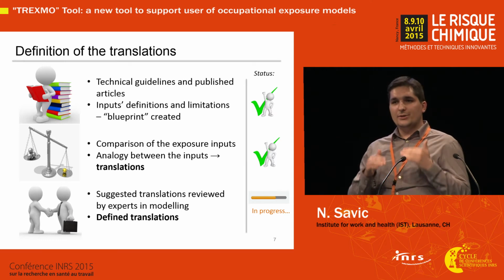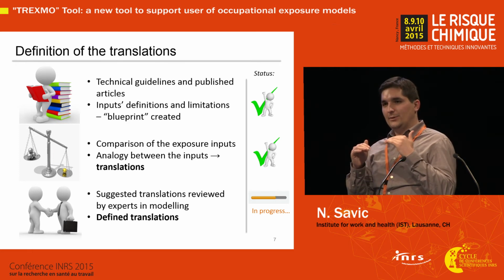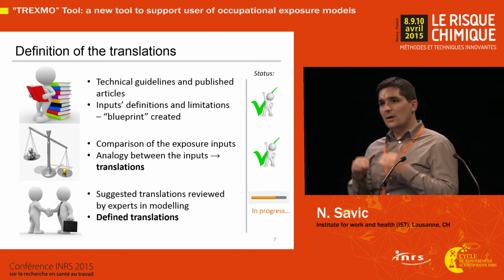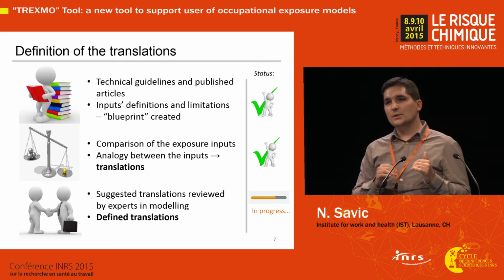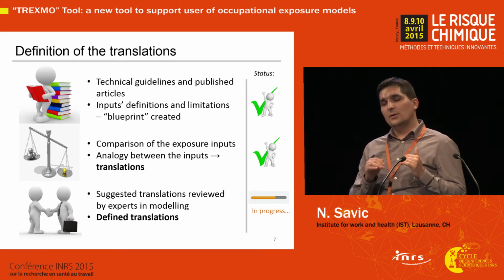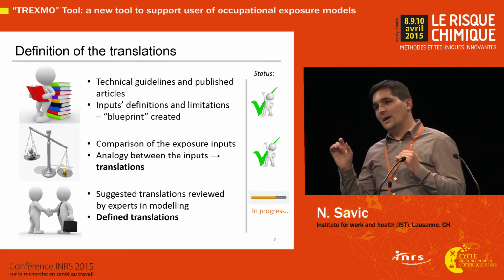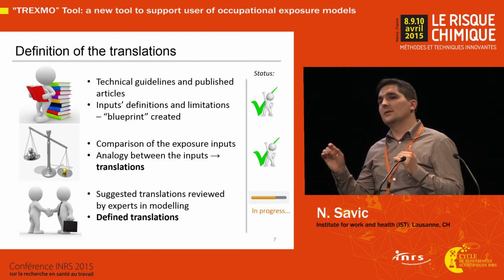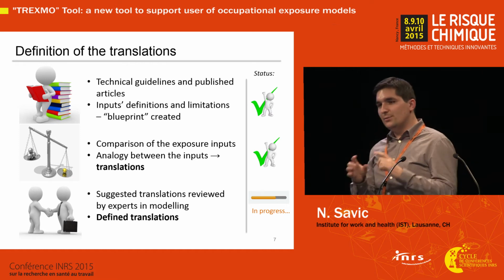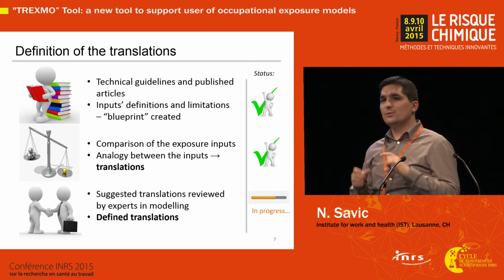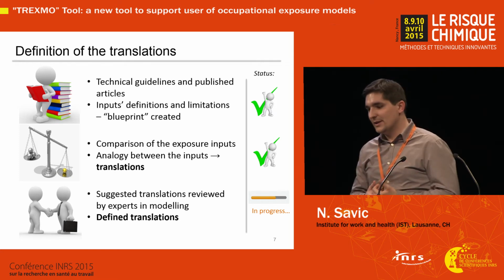Then we researched compatibility between different inputs in different models, in order to see where one of the inputs in one of the models can be used to represent the same exposure situation as some other exposure input in some other exposure model. Those inputs that can be used in the same exposure situations we named analog inputs or translations.